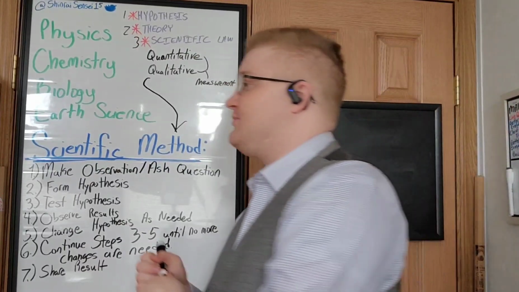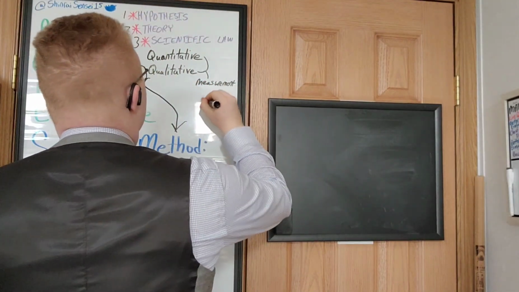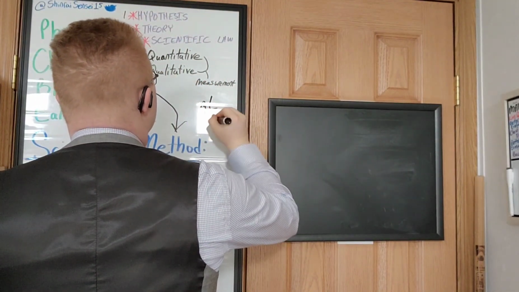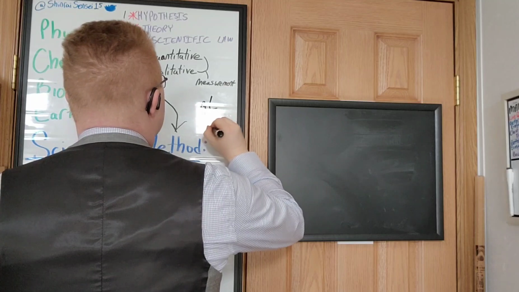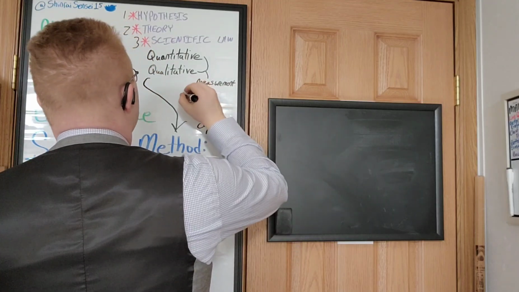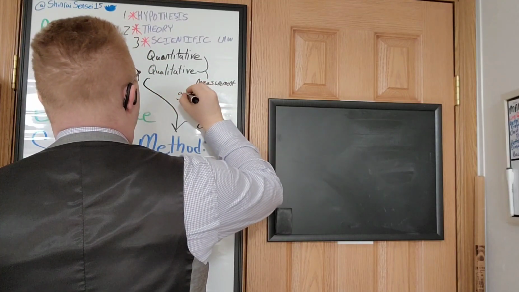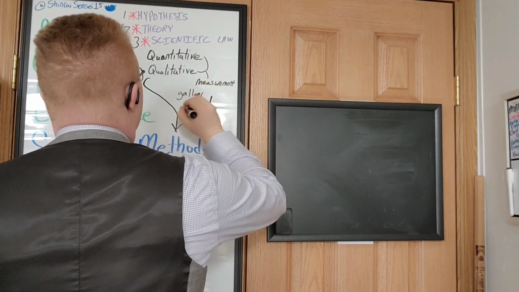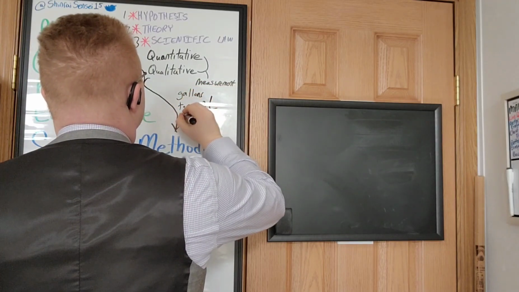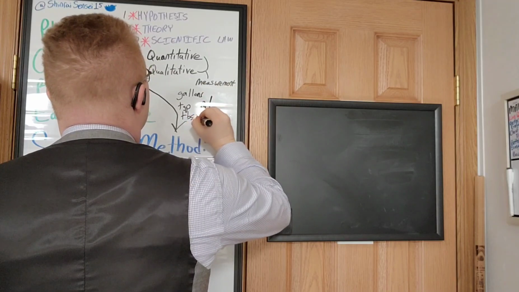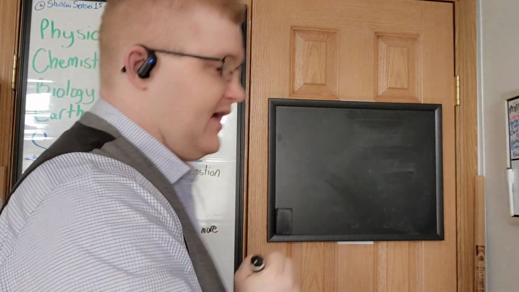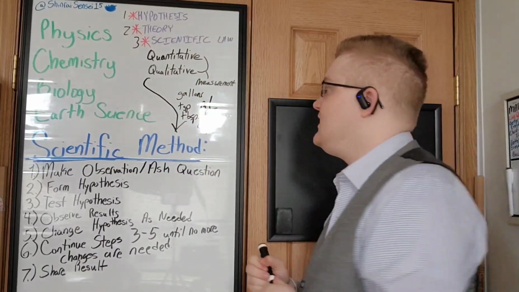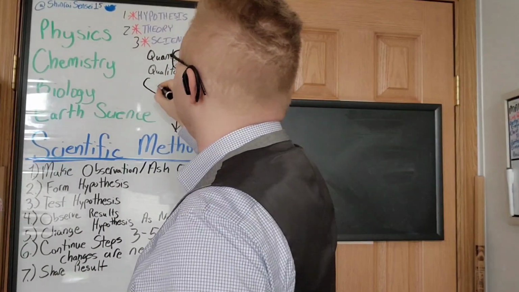So a quantitative measurement is your milliliters, liters, centimeters, meters, heck, even gallons, and teaspoons, and tablespoons, right? These are all things that I can replicate if I write down the processes that I've gone through. These are quantities.